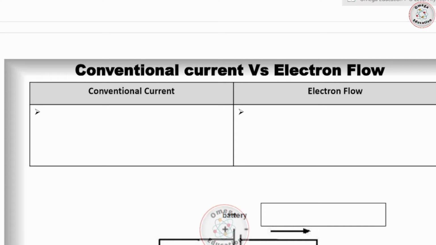Later on, we realized that in most of the metals, which are conductors, the current is mainly due to the motion of free electrons, which are the negative charges.